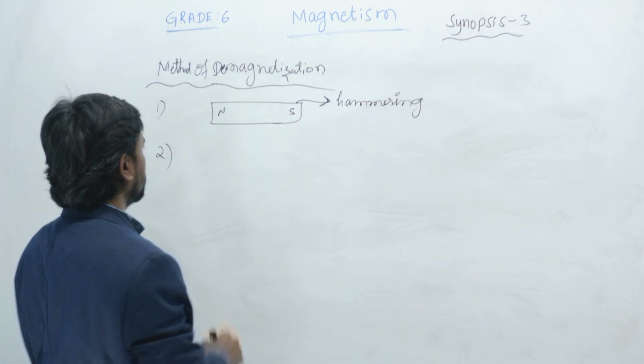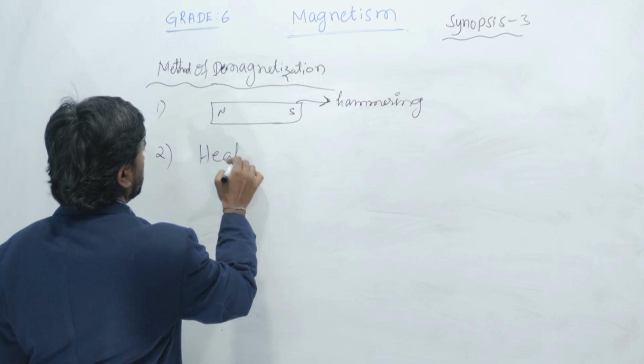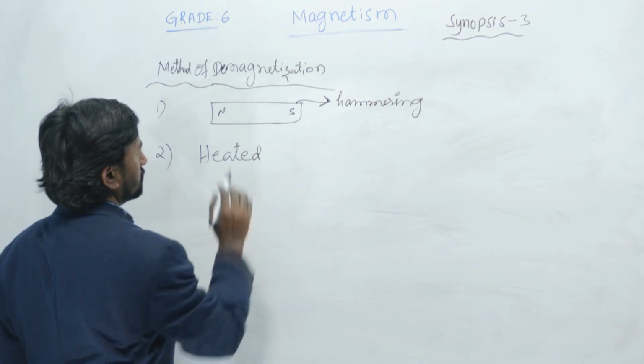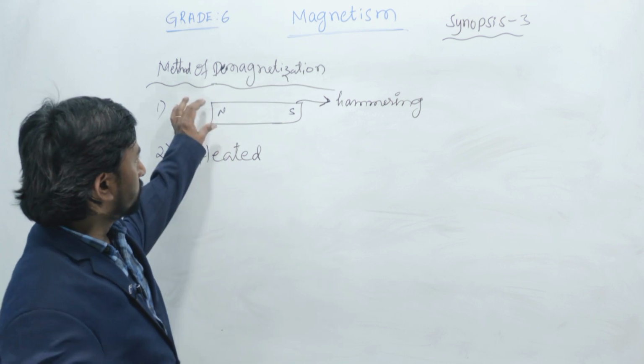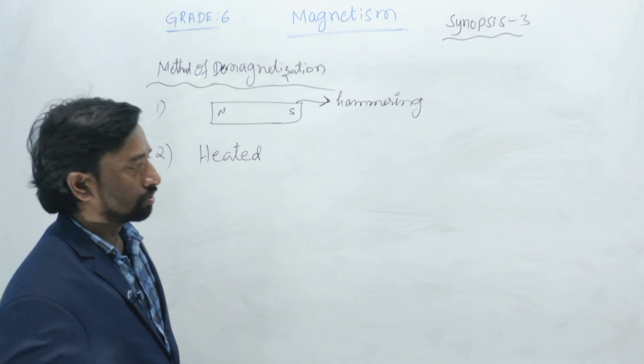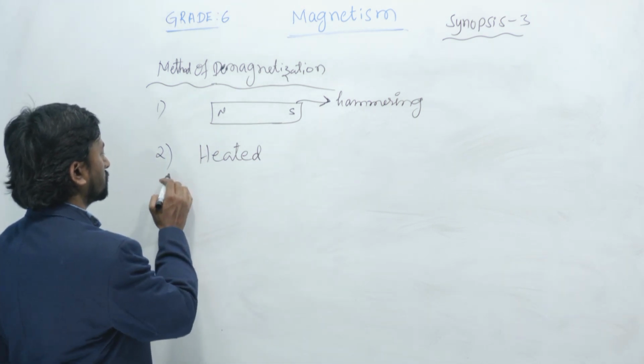The second one is heating. If the magnet is heated, the magnetic property is also lost.